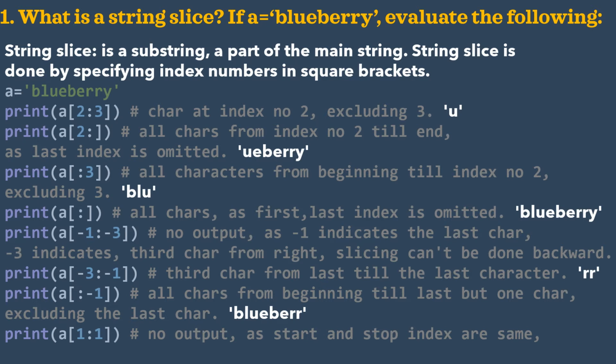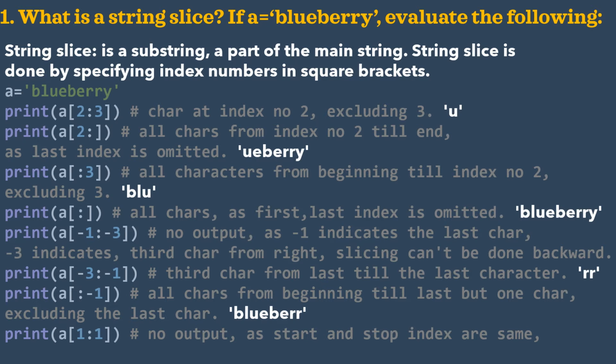Next one is print A within square bracket -1 colon -3. So it will give no output because -1 indicates the last character and -3 indicates third character from left. That means it will not go back. It will first read the last character, then it cannot go back till the -3 character.